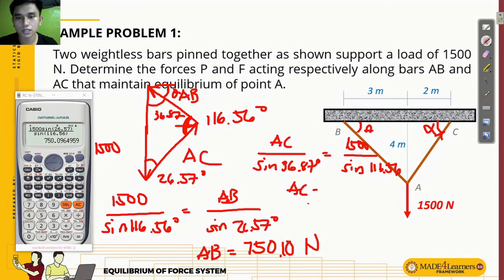So AC is equal to, so nagbago lang is kani siya, kaya na ito i-change. Okay, so AC is 106.19 Newton. Okay, so ano siya answer.